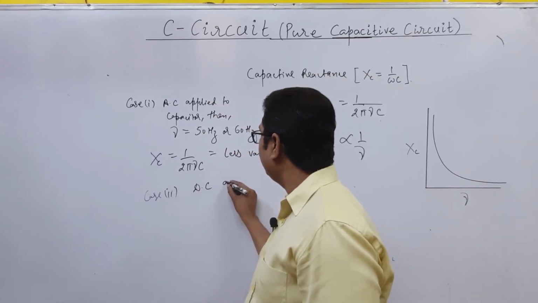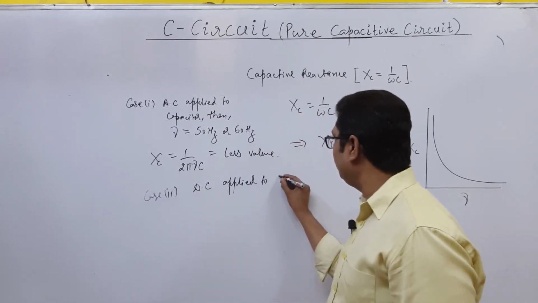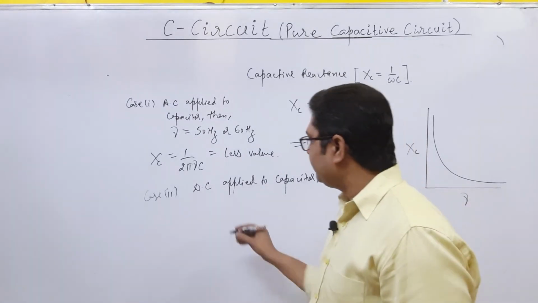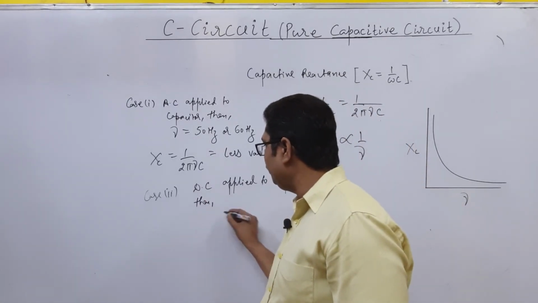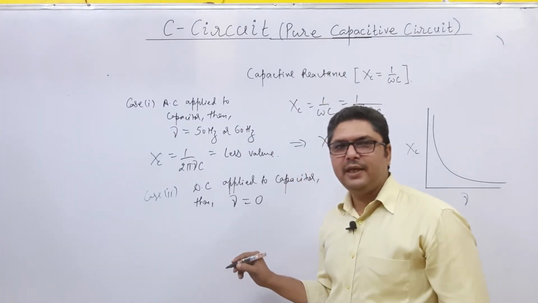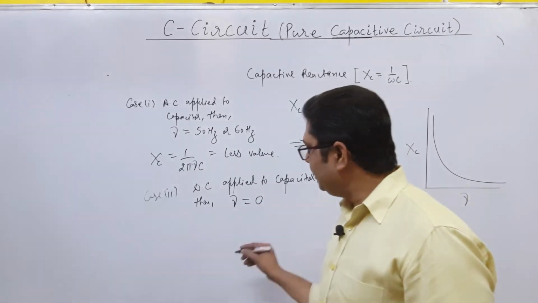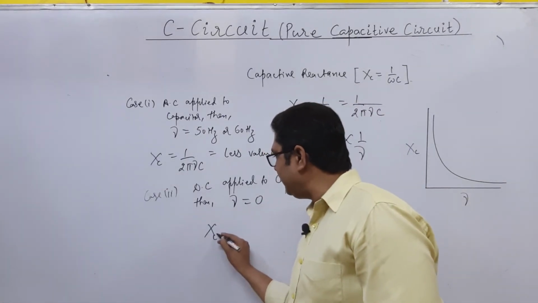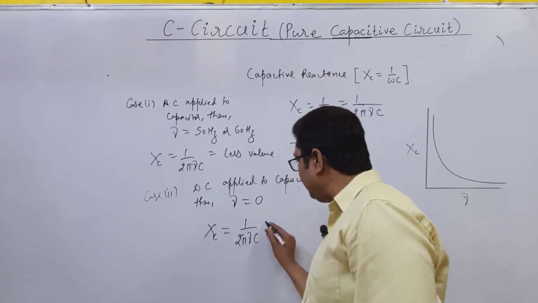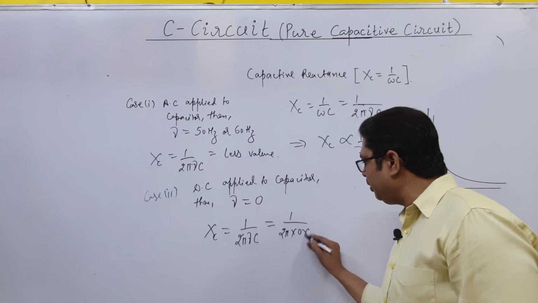And in case number 2, DC applied to a capacitor, then nu equals 0, because DC is a steady current, so the frequency of DC is 0. In this situation, Xc equals 1 by 2 pi nu c, which equals 1 by 2 pi into 0 into c.